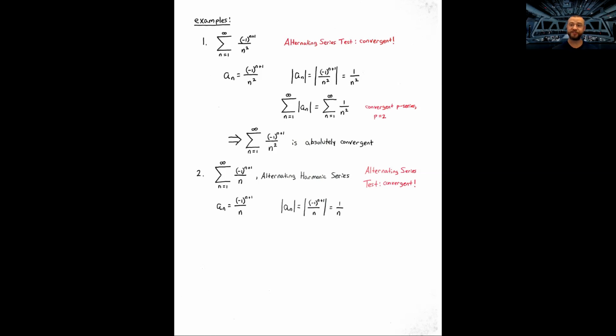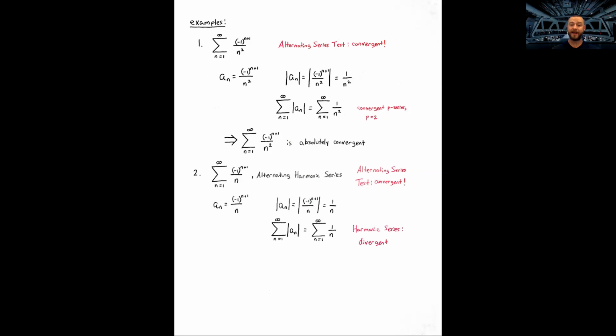Now, if we look at the infinite series where the term's given by the absolute value of a sub n, what we get is the harmonic series. And this is an important example. The harmonic series is a divergent infinite series.